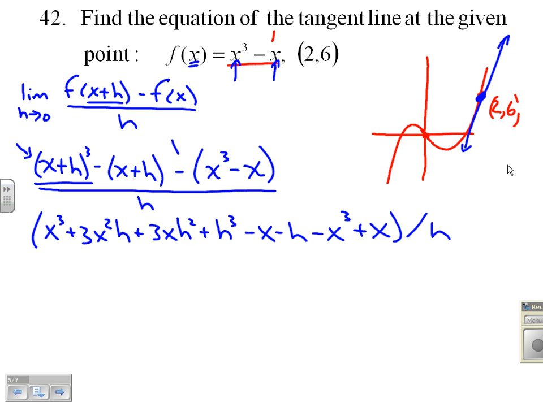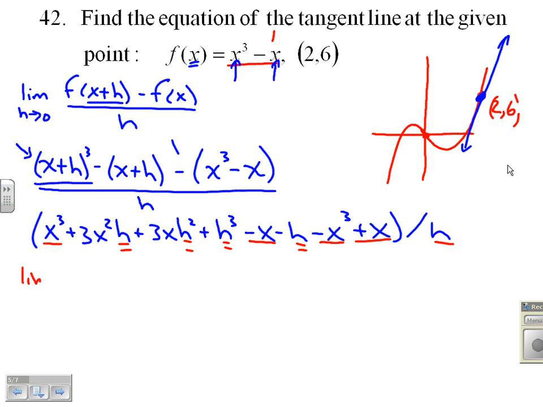If we did that right, all of our non-h terms should cancel. And I get an x cubed minus an x cubed. I get a minus x plus an x. And everything else has an h term in it, which I can reduce with this h.